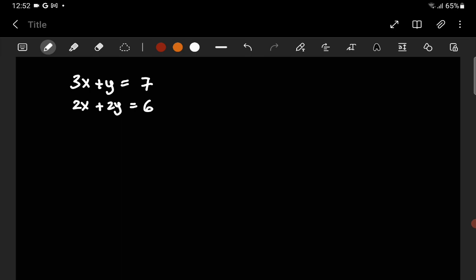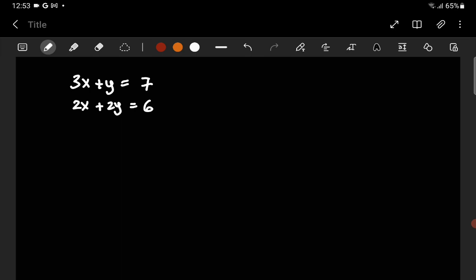Now, how to deal with that one, I taught you already in the class. We will use not the substitution, but the crossing thingy, elimination, right? Now, to eliminate one of the variables, you need to make the coefficient the same. Now, if you look here, I think it's a good idea to make all the y become 2y.